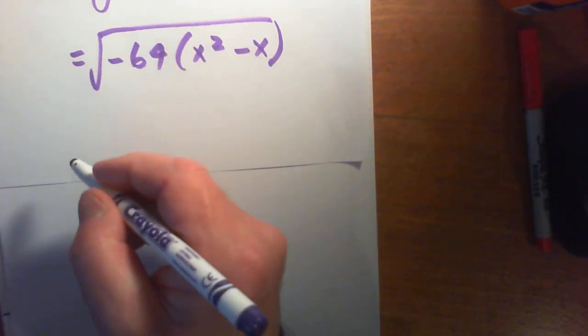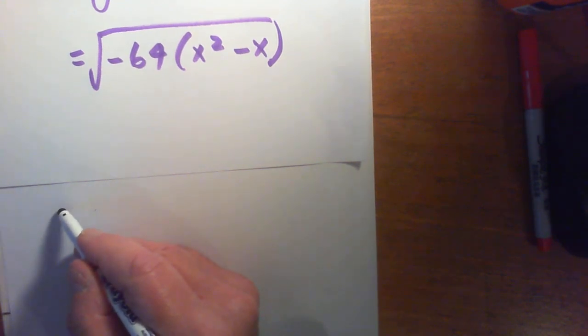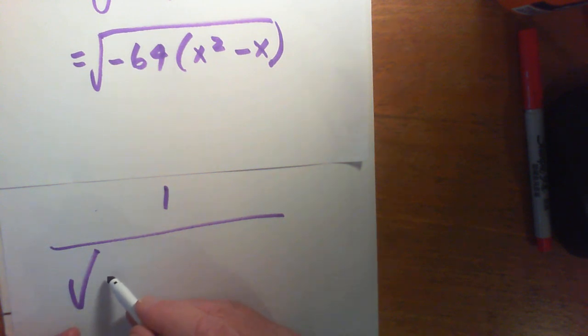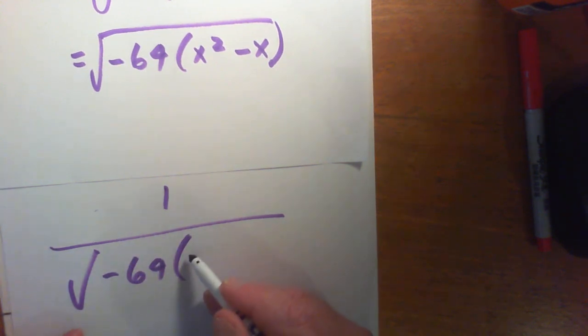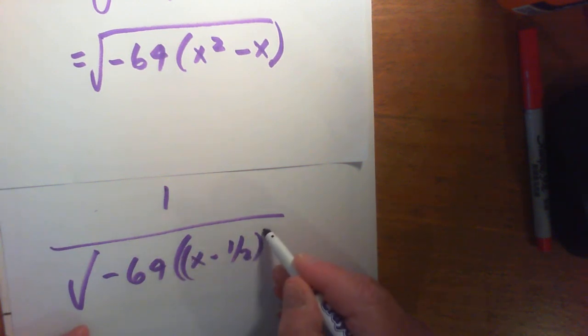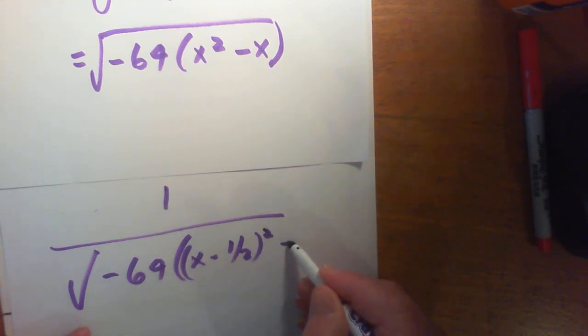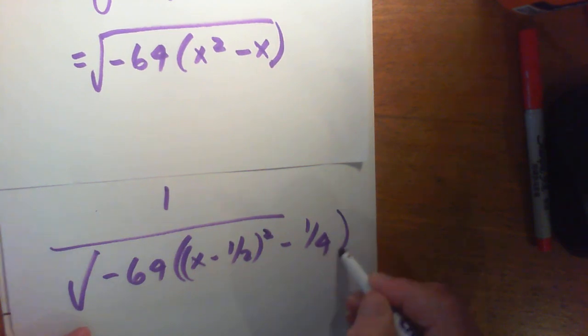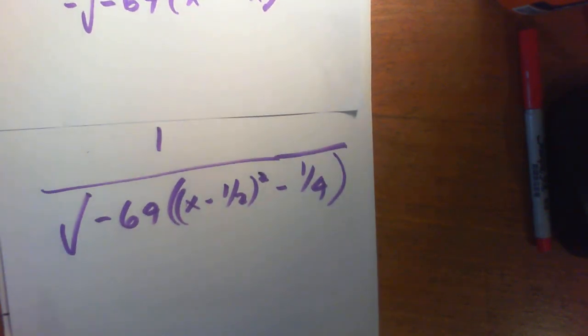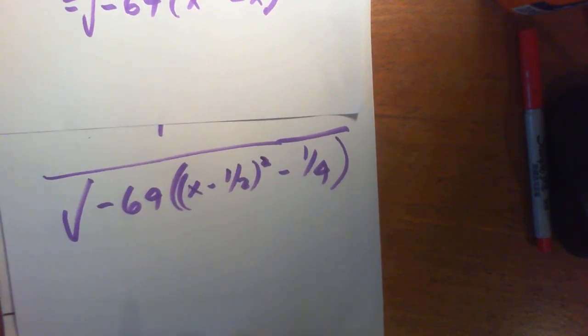So then, after completing the square, I then get 1 over minus 64, and just go from there.